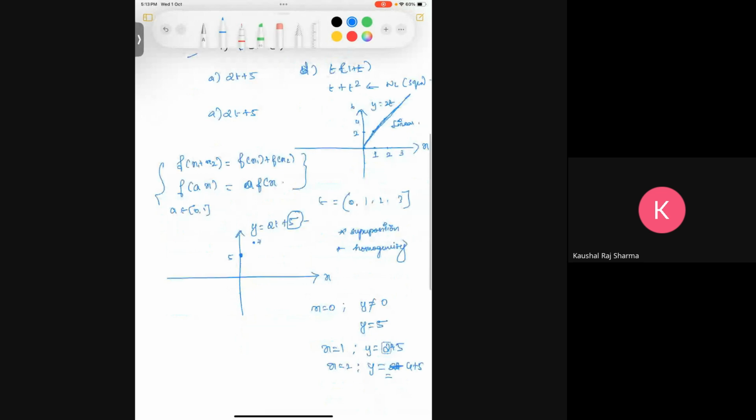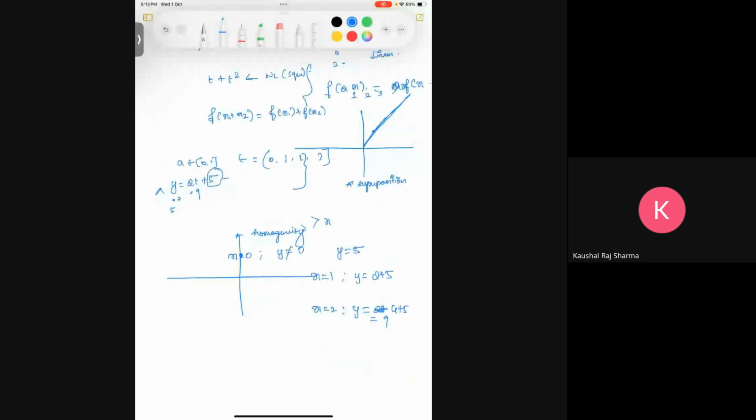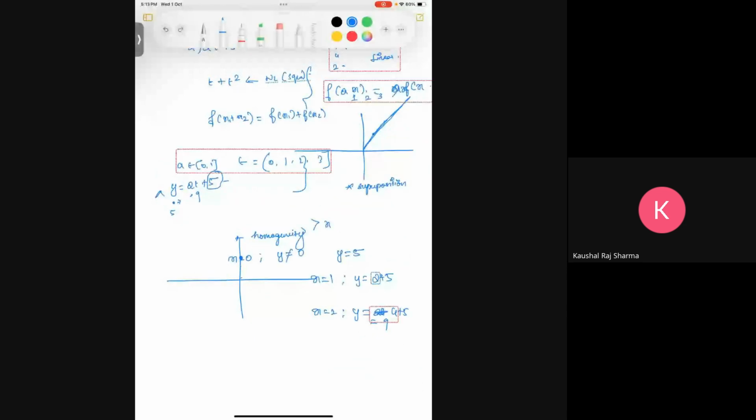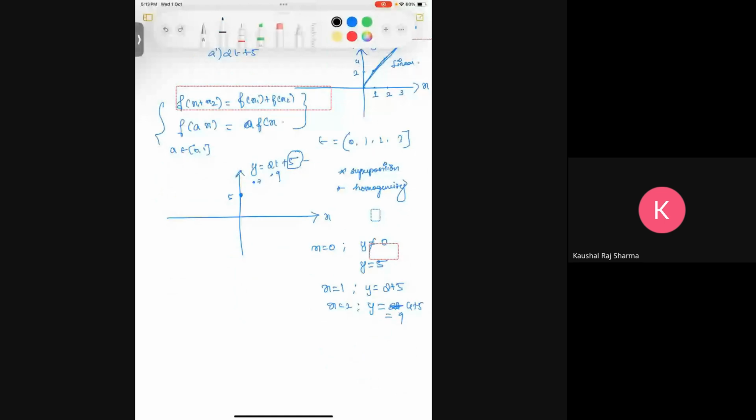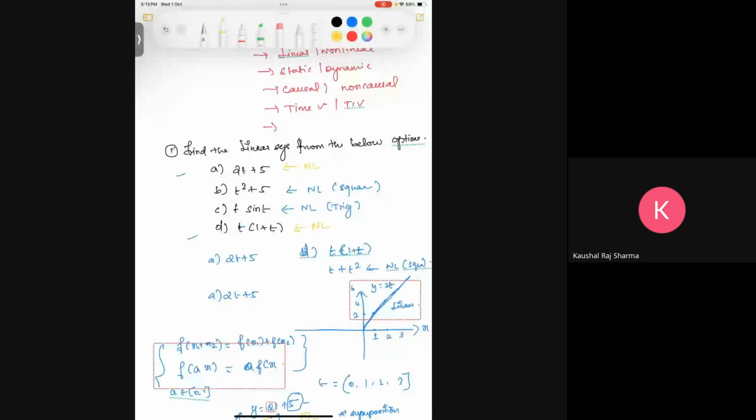So this jump will be there, but it is not linear. It's not continuous and it's not linear. So this would be non-linear. So out of all these options, everything is non-linear. If this constant term is not there, then it would be linear. Otherwise, it is non-linear.